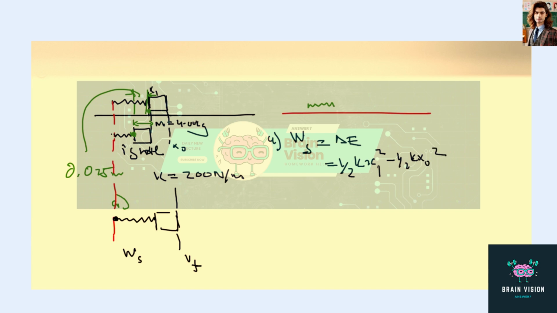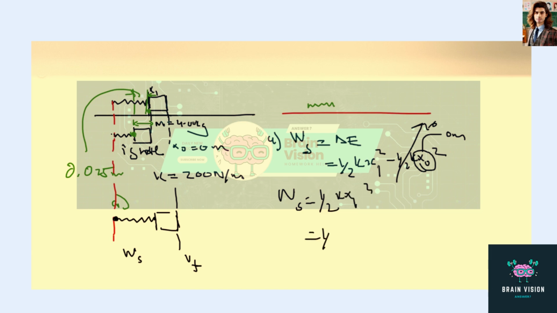Remember, x naught is the original position, which is 0 meters. So this whole part of the problem will cancel out, and the work done by the spring is just 1/2 k x1 squared.